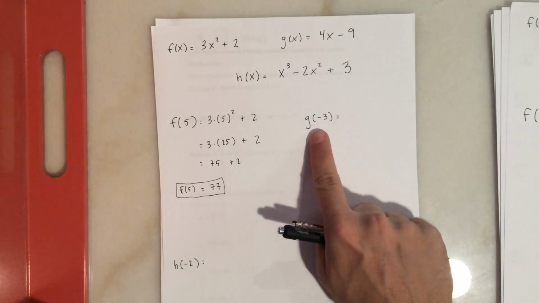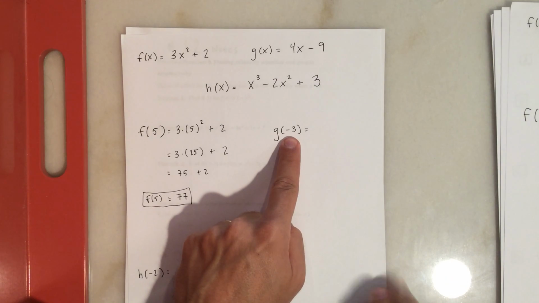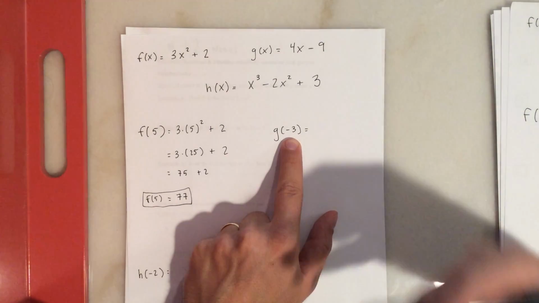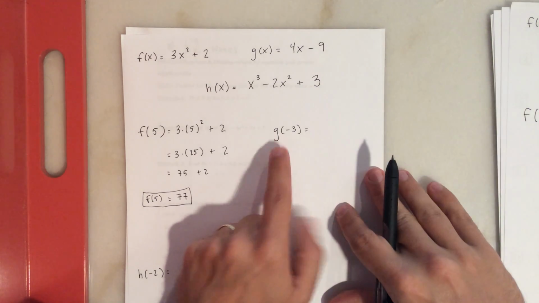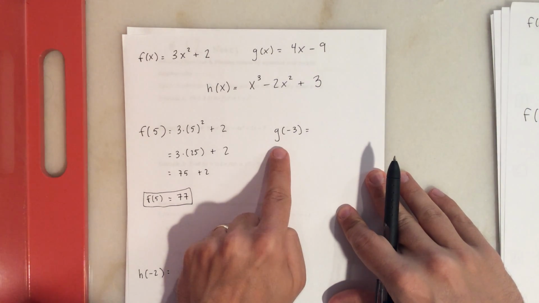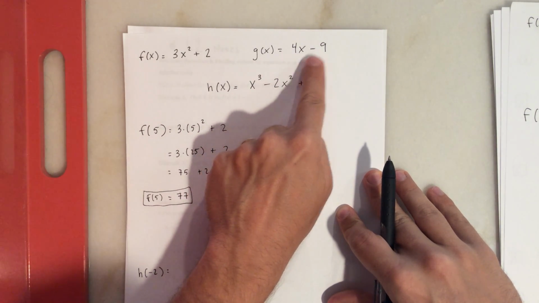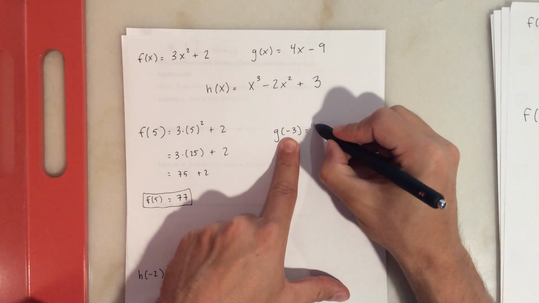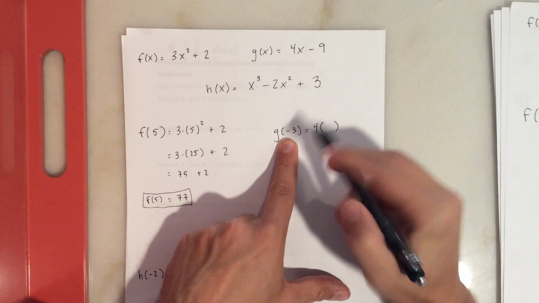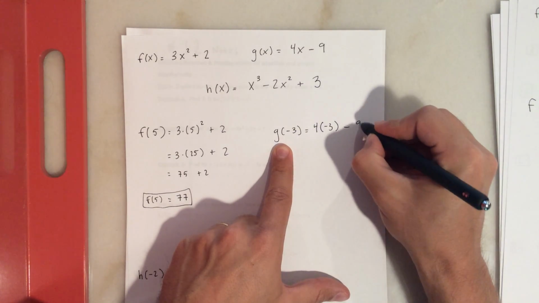Cool. What about g of negative 3? Well, again, anytime you're given a function and asked to evaluate it at a number, you're simply asked to plug in that number for x and see what the answer is. Just make sure you're using the right function, in this case the g function, so I'm referring to this. 4 times something minus 9, in this case that something is negative 3. So 4 times x, but we're plugging in that negative 3 in for x, minus 9.